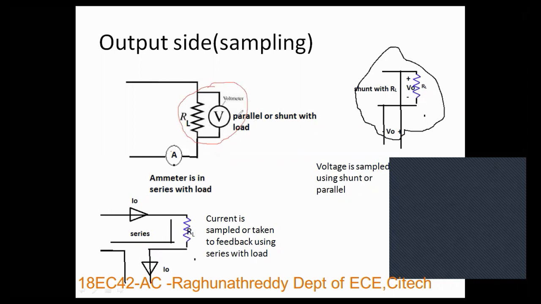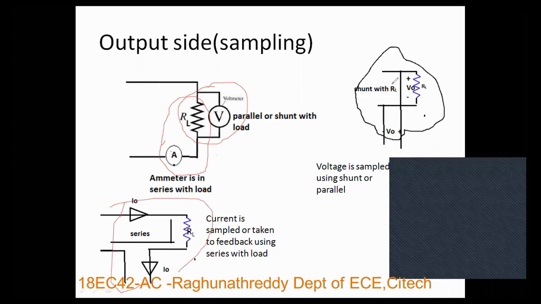If the output quantity is current, then an ammeter is connected in series with the load, so that the output current can be taken in series with the load. That connection is a series connection. Next, this is the series connection on the output side.